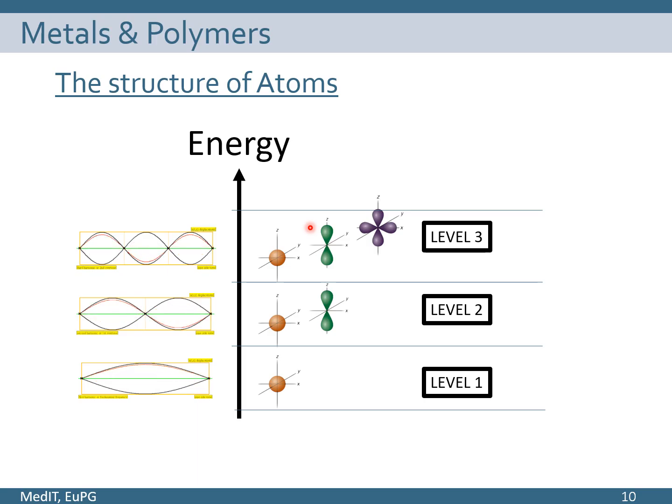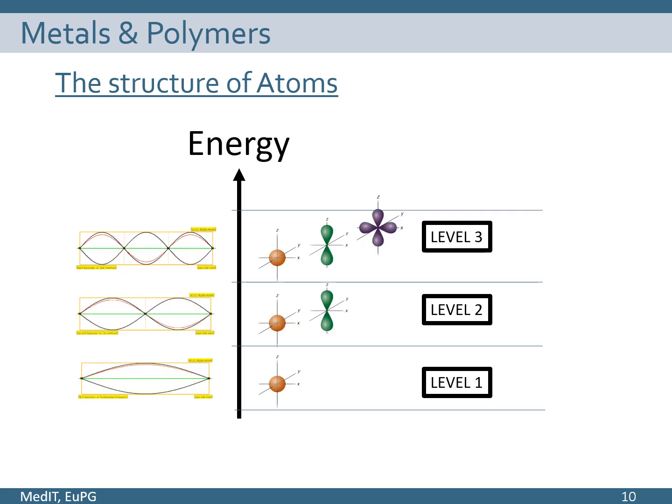So we won't go into further detail here, but you may have also noticed that the fundamental, so the first energy level, contains only one s orbital. The second energy level, this one, contains one s orbital and not one p, but the three p orbitals.